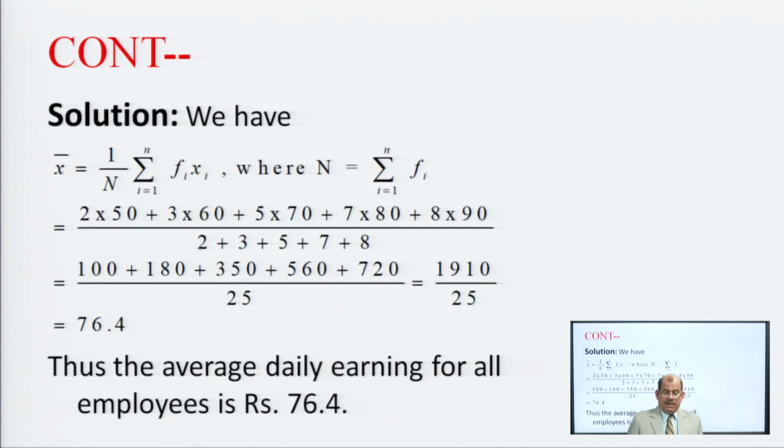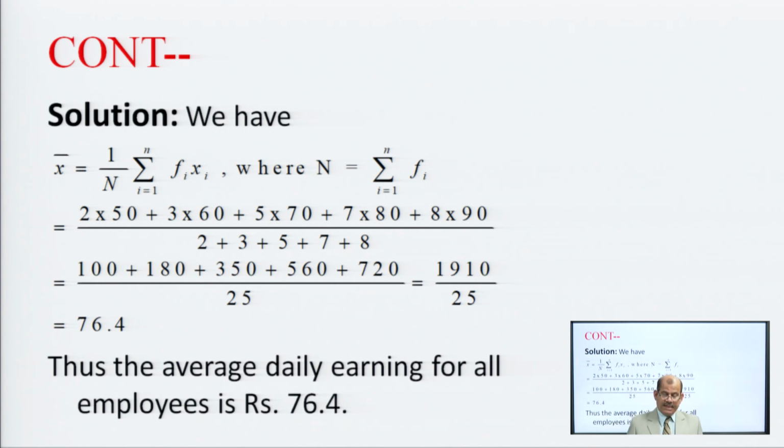Solution: x bar is equal to 1 by capital N summation fi xi, where capital N is equal to summation i varying from 1 to n fi. Here we multiply frequency by value: 2 into 50 plus 3 into 60 plus 5 into 70 plus 7 into 80 plus 8 into 90, divided by the sum of frequencies 2 plus 3 plus 5 plus 7 plus 8.